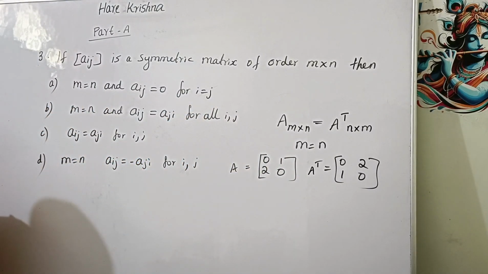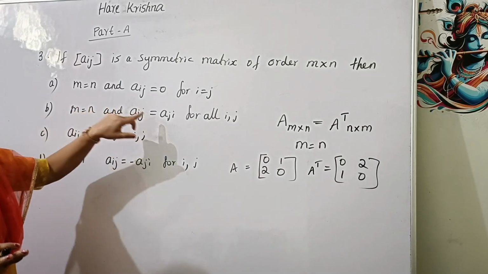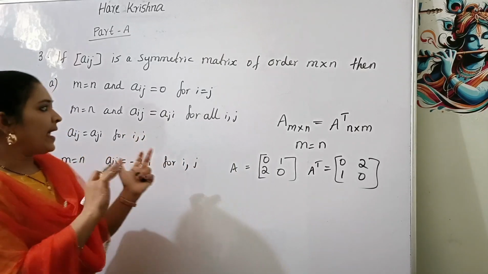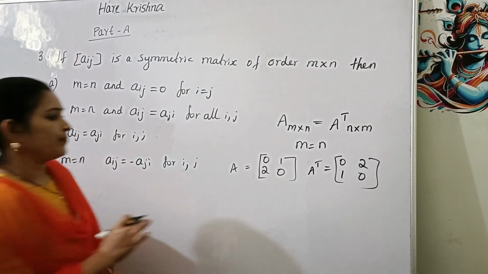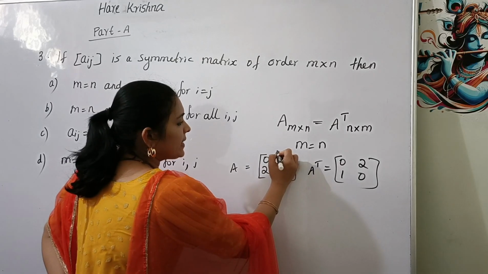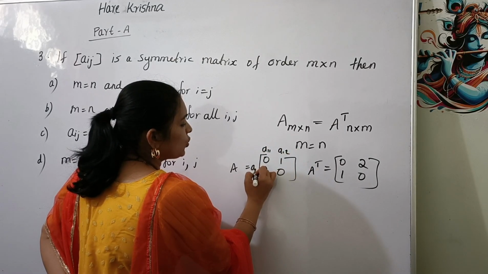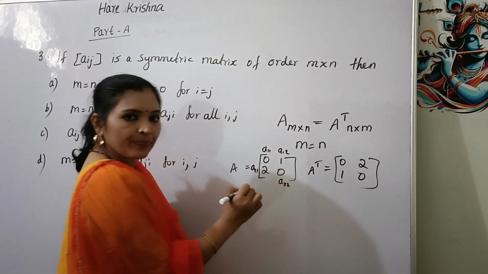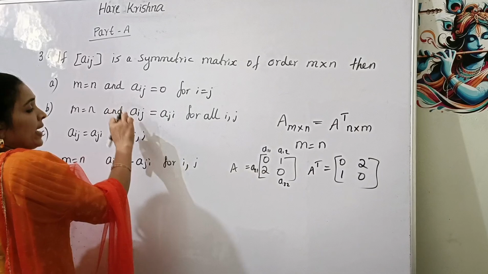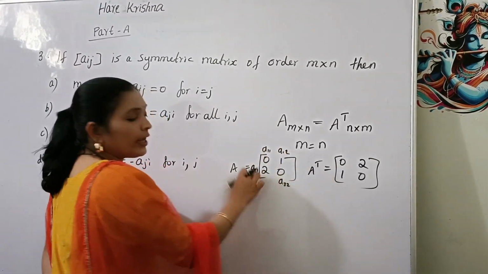Next is m is equal to n and Aij is equal to Aji for all i, j. See, let's take the same example. Here we have A11, A12, A21, A22. It is saying Aij is equal to Aji. That means A12 is equal to A21.